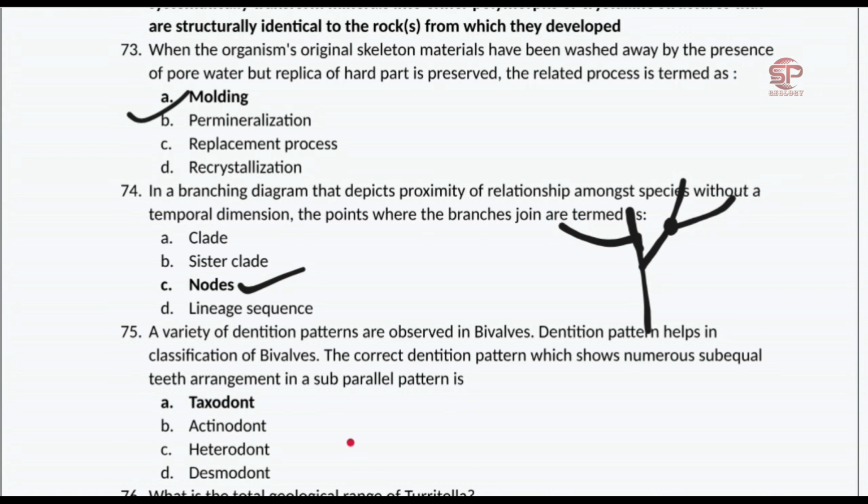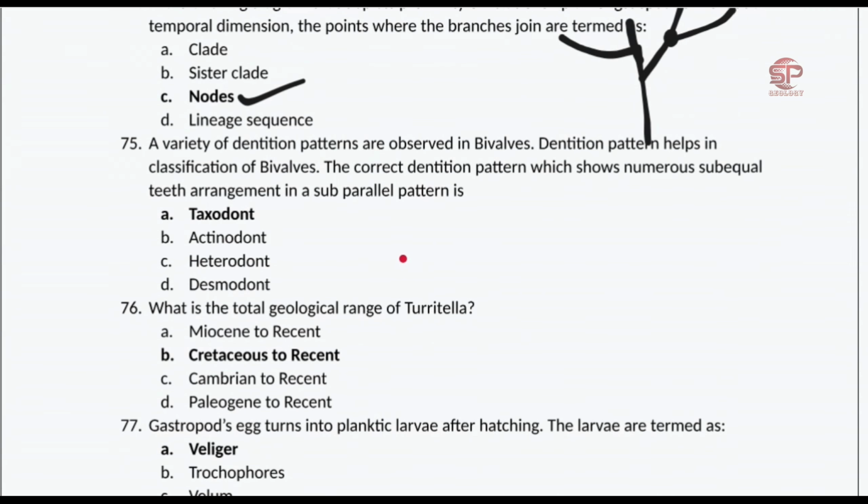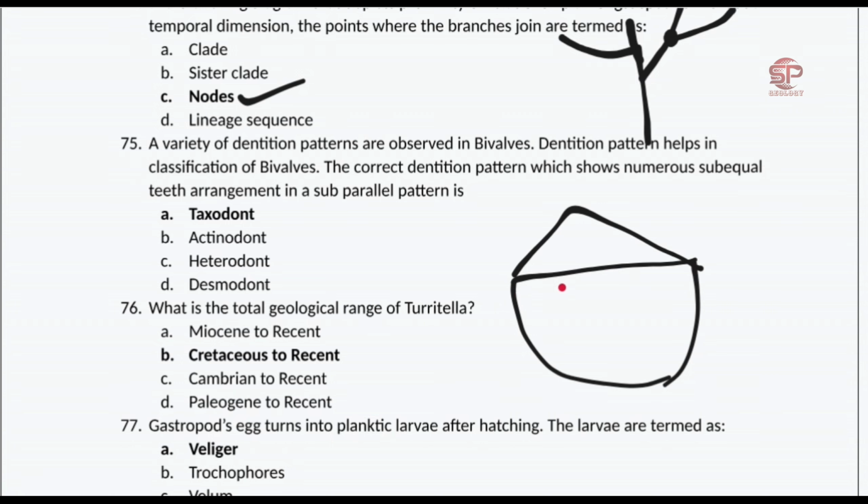So the answer will be C. Then a variety of dentition patterns are observed in bivalves. The parallel and subparallel arrangement of teeth, like this, you will find in taxodont, in Arca, so the teeth are arranged like this. So it will be taxodont.